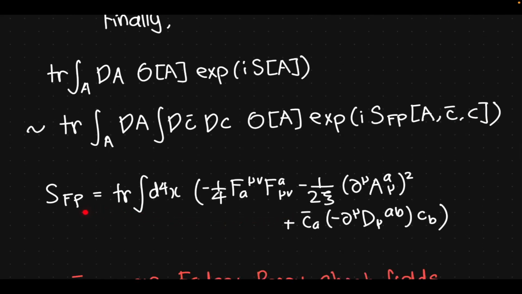And in the end, what is S_FP? It's the trace integral d^4x, minus 1/4 F_{mu nu}^a, minus 1 over 2 (partial of a) squared, plus c bar^a in brackets, minus partial derivative of the covariant derivative^{ab} c^b.